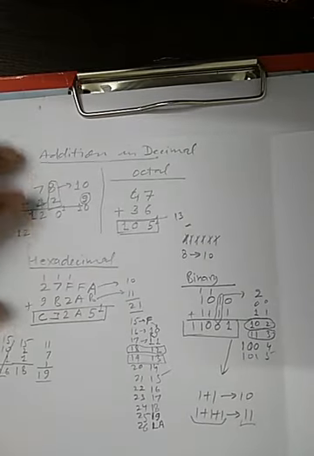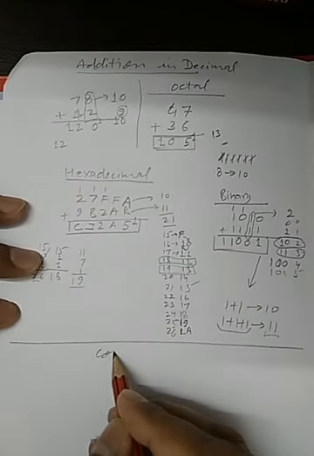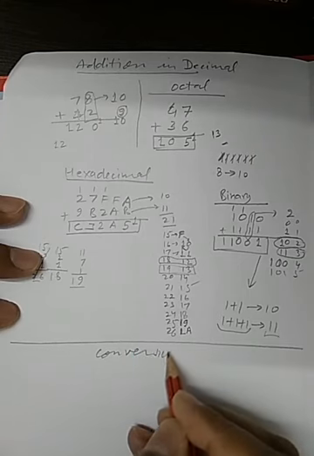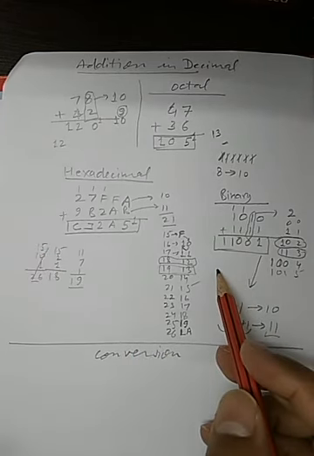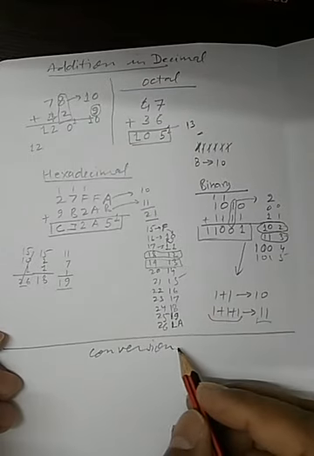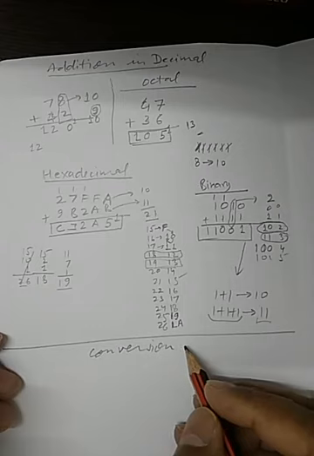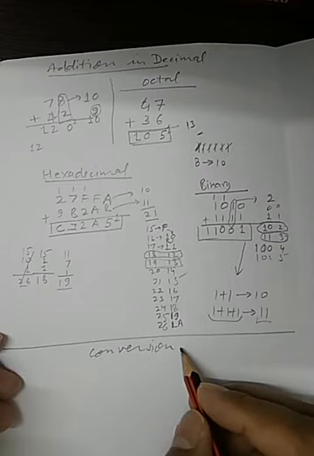Now we have seen that this technique of converting a number from one system to another is very complicated. So we need a systematic way to convert from one base to another base.